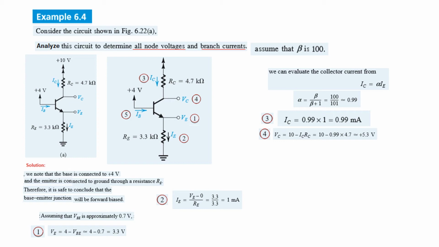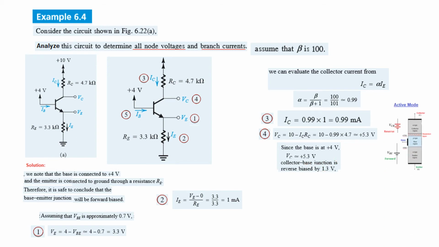And now lastly, this current IB. Now, since the base is at plus 4 volt, and VC is at 5.3 volt, the base collector junction is reversed biased by 1.3 volt. If you look here, VC is 5.3 volt, and VB is 4 volt.